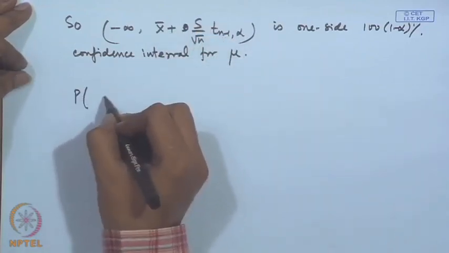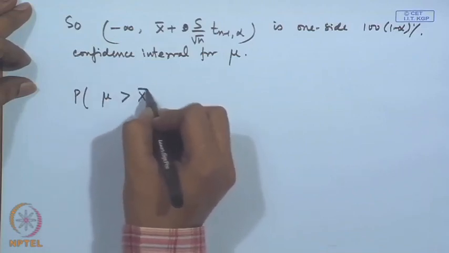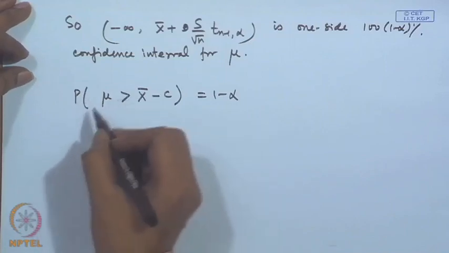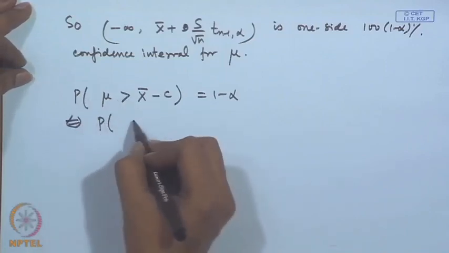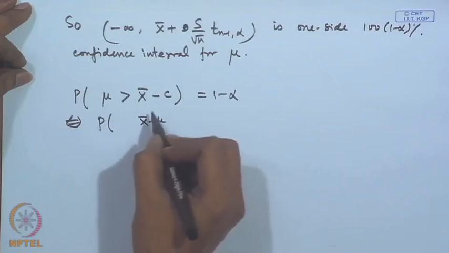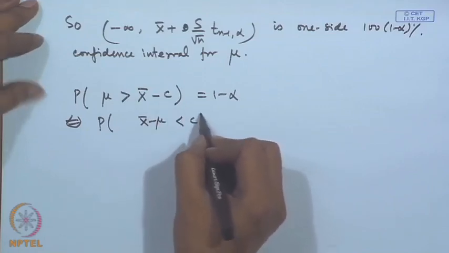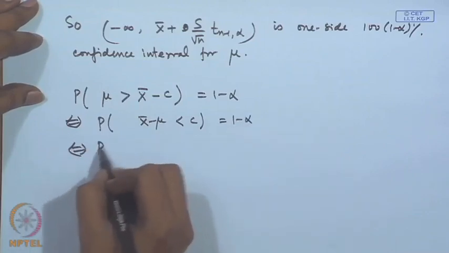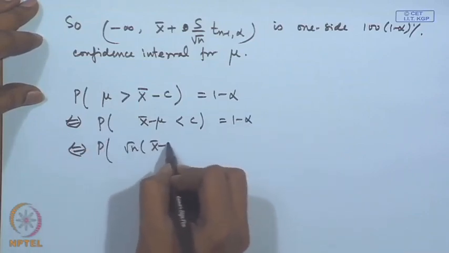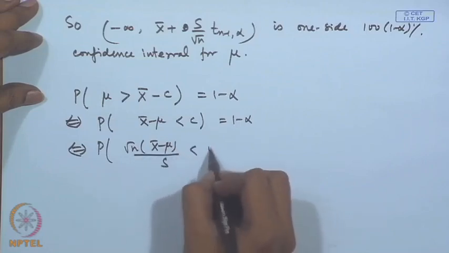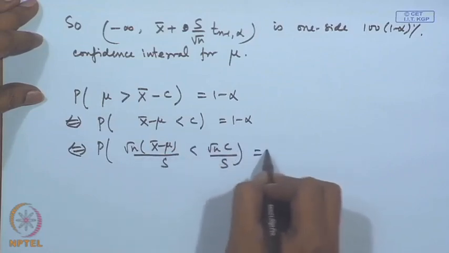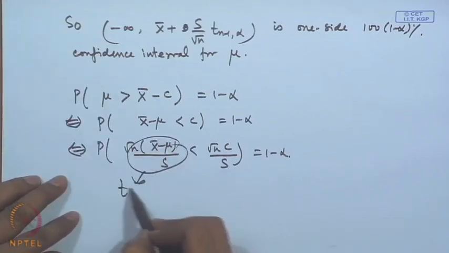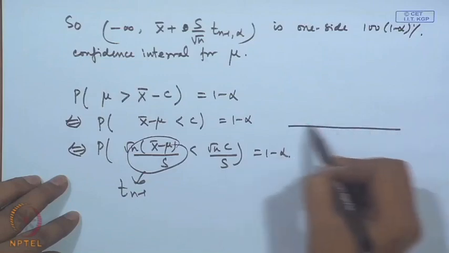We may say what is the probability of mu greater than x bar minus c equal to 1 minus alpha. If we see from this point of view, then it will become probability of x bar minus mu less than c is equal to 1 minus alpha, or probability of root n (x bar minus mu) by s less than root n c by s is equal to 1 minus alpha. So, this is nothing but a t distribution on n minus 1 degrees of freedom.